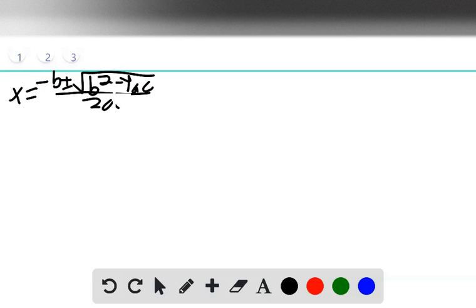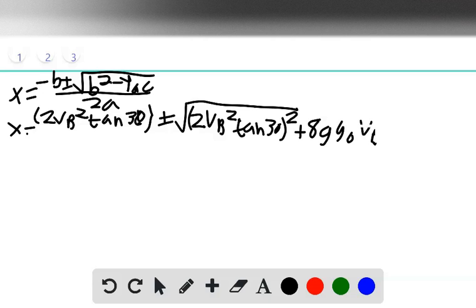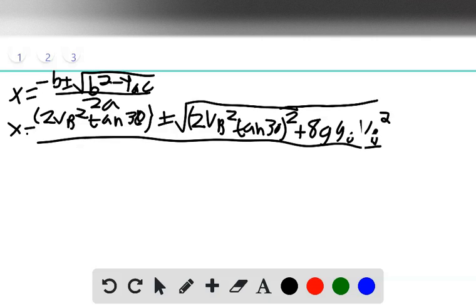In terms of what we have, b was negative, so now it's going to be positive. x equals 2vB squared tan 30 plus or minus the square root of 2vB squared tan 30, squared, plus 8g y naught vB squared, all over 2g.